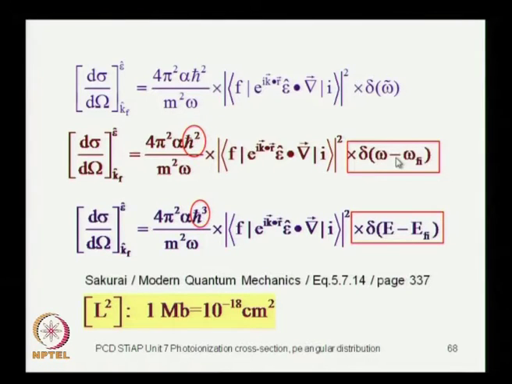But the dimension of the Dirac delta for delta omega and delta E are obviously different, which is why you have an h cross cube over here as opposed to an h cross square in the previous step.